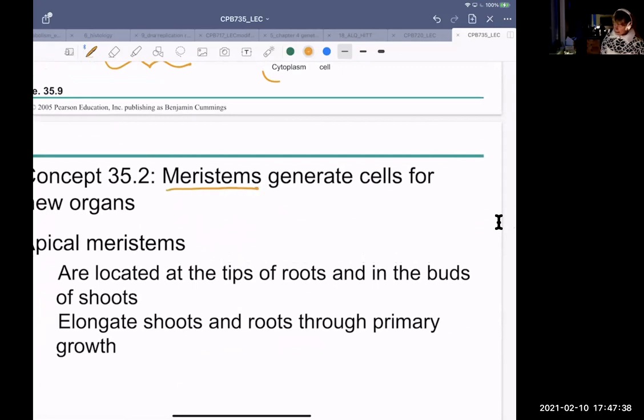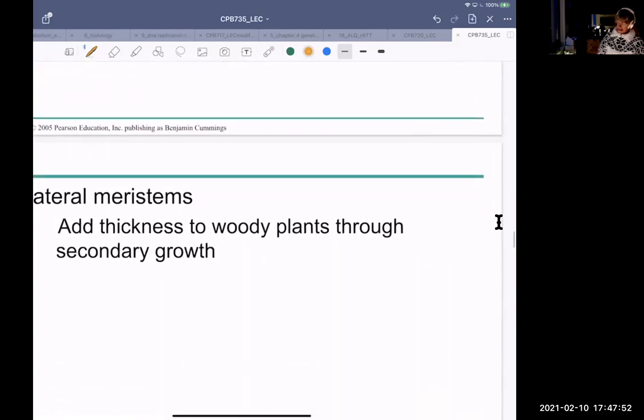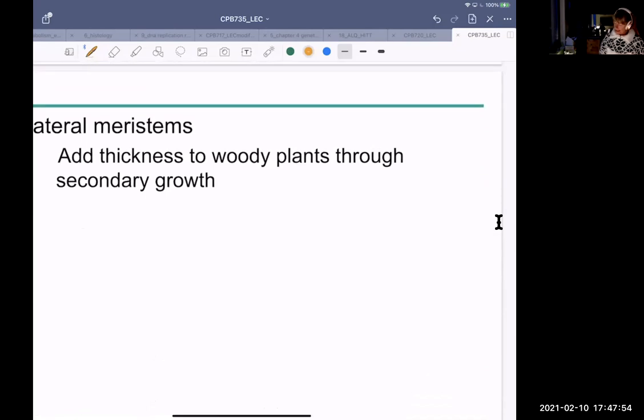Apical meristems are at the tips of roots and in the buds of shoots, and they elongate the shoots and roots through primary growth. Lateral meristems, on the other hand, add thickness to woody plants.